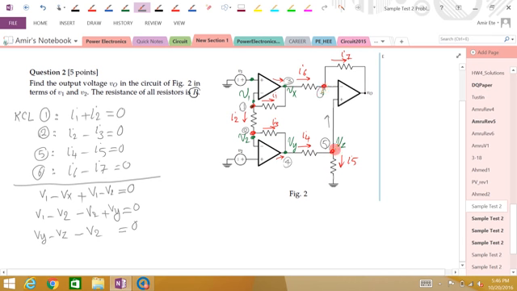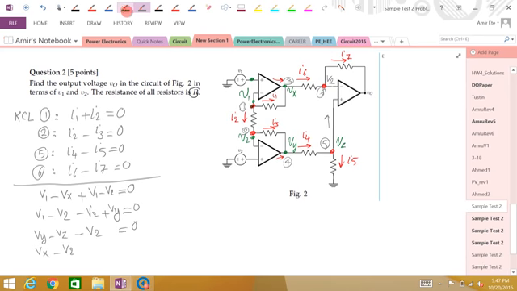Because this is labeled V2 and this is the positive input of this OpAmp, this is the negative input of the same OpAmp, so this voltage is V2 too. So I6 is Vx minus V2, minus I7. I7 is V at this node minus the V at this node over R. So this is not V2, I'm sorry, this is Vz.